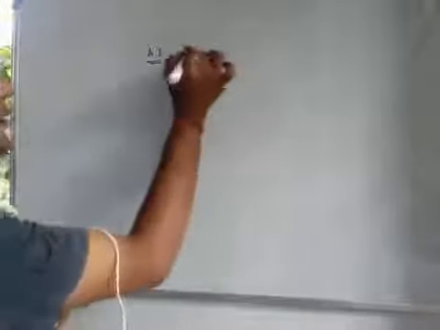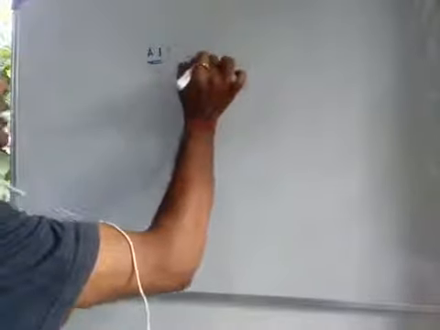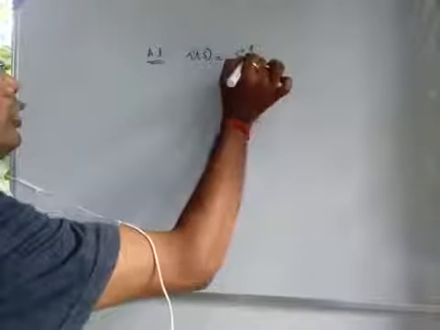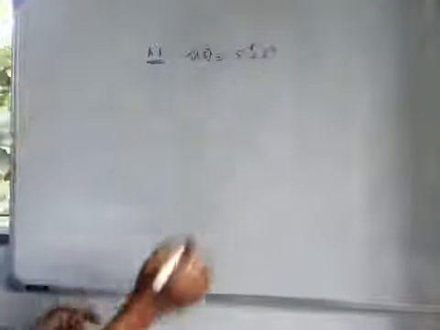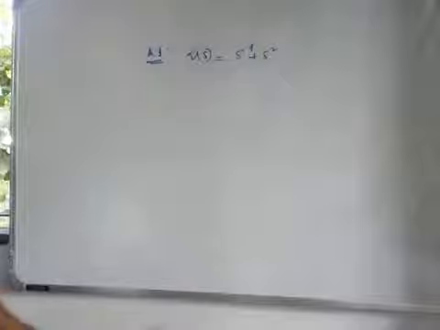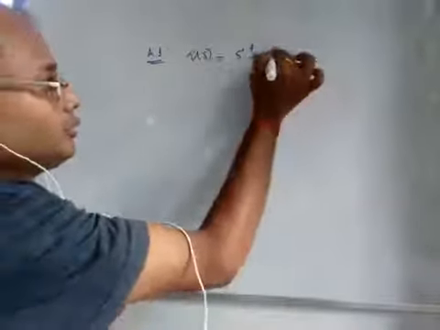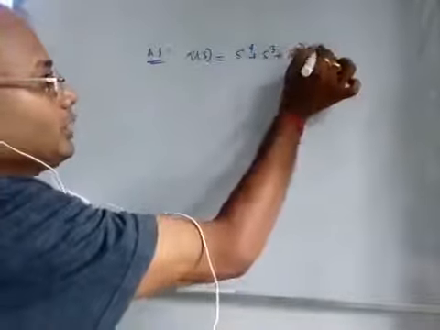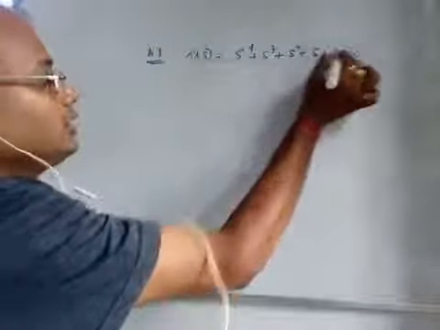That is a simple example. Q(s) is given by s to the power 4 plus s cube plus s square plus s plus k equal to 0.